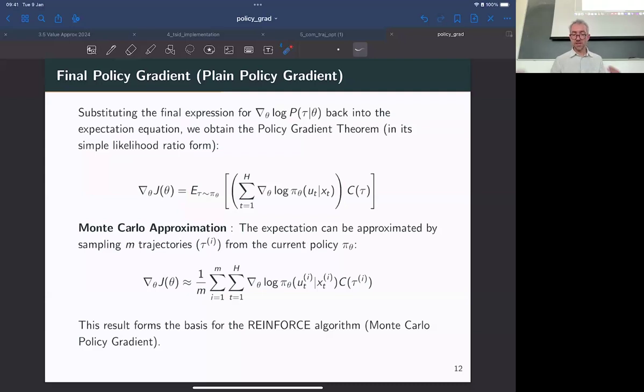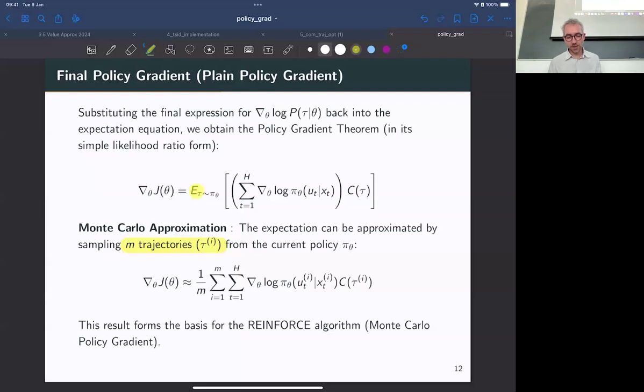So you simply run your current policy for a certain number of trajectories, let's say M trajectories. And then you compute that expectation simply as an average over these M trajectories.